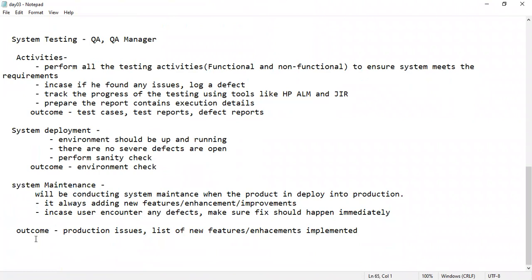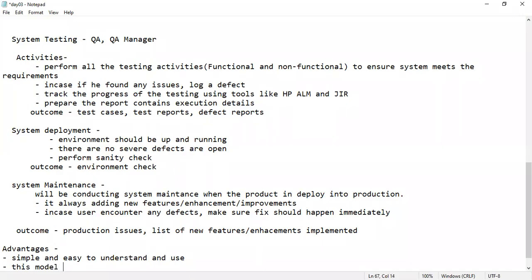So now we will discuss what are the advantages and disadvantages of the waterfall model or linear sequential model. What are the advantages? Simple and easy to understand and use. Okay, this model is very simple.